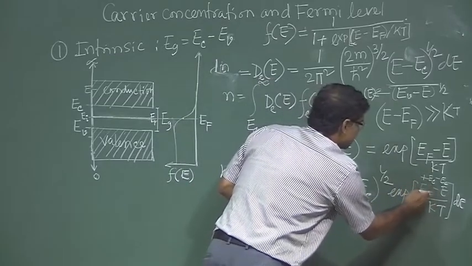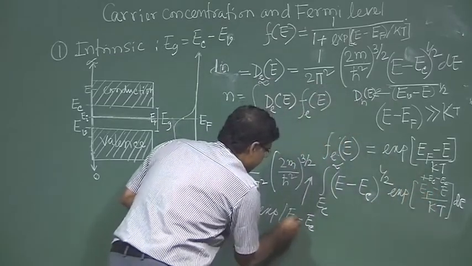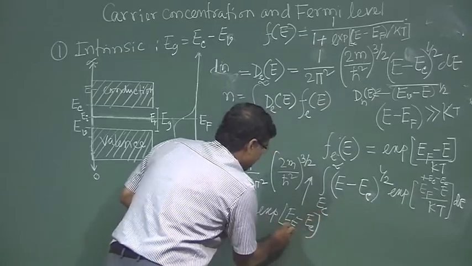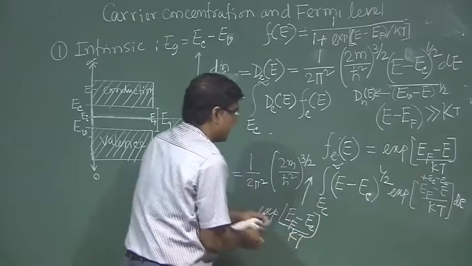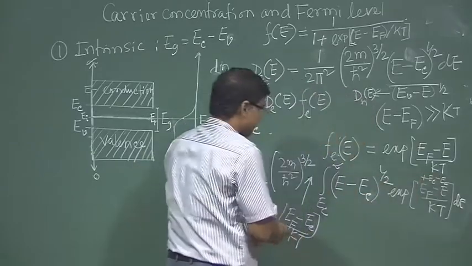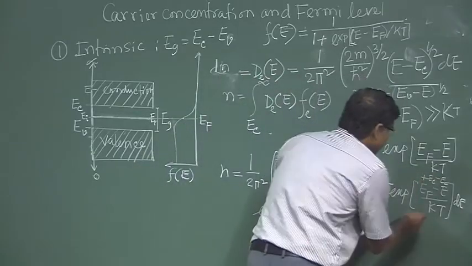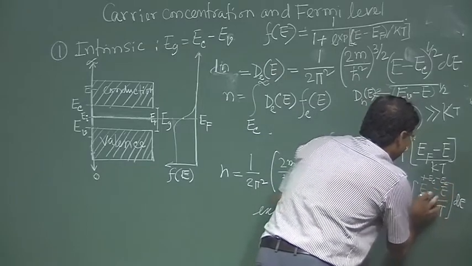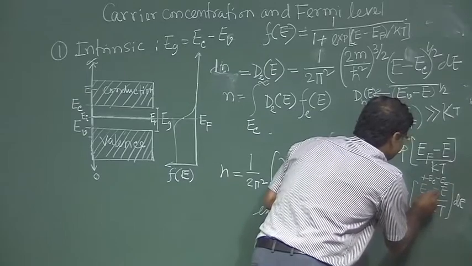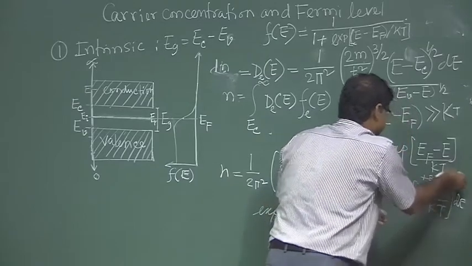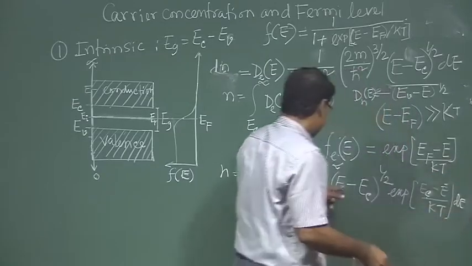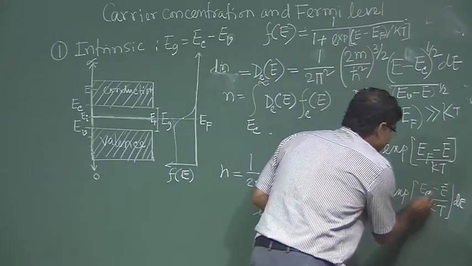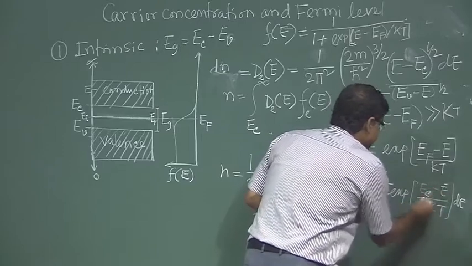So, EF minus EC, this term by KT, I will take out. What will be there? EF minus EC I have taken out. So, EC minus E will be here, okay. If I take the minus sign, then it will be E minus EC.